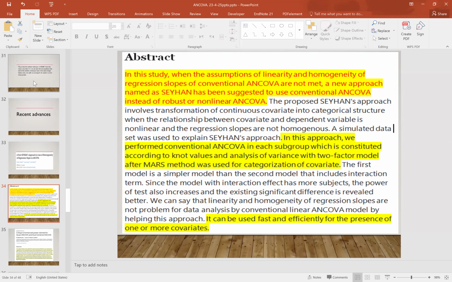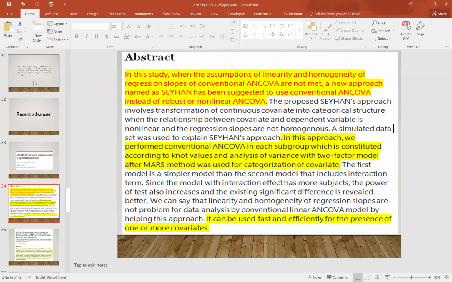A simulated data set was used to explain the approach. In this approach, we performed conventional ANCOVA in each subgroup, which is constituted according to knot values, and analysis of variance with a two-factor model. The MARS method was used to categorize the covariates. The first model is a simpler model than the second model, which includes the interaction term.